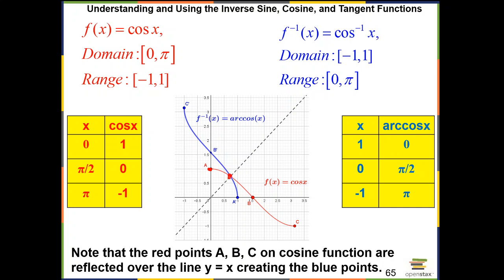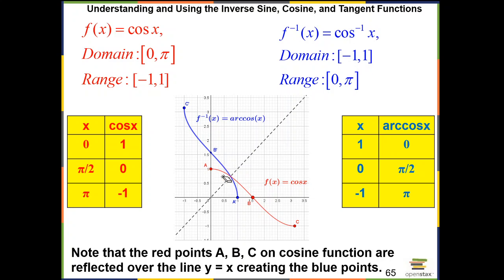Right about here, that they intersect. So if you switch them, it doesn't go anywhere, it stays there. Okay, so the blue one is inverse cosine or arc cosine, and the red one is cosine. Restricted domain 0 to pi, and you switch them, you get the domain and range for cosine inverse.